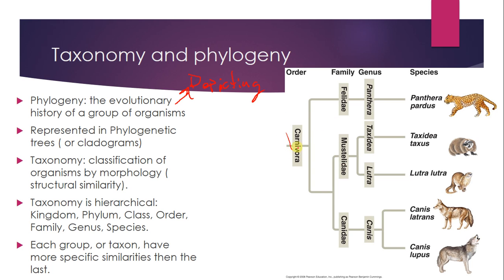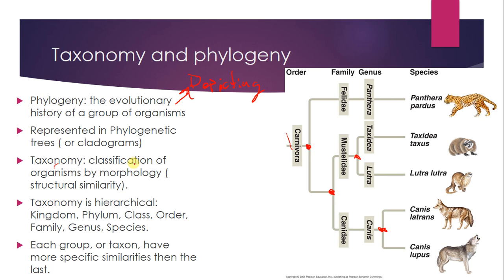So it's showing different organisms, and every node or bifurcation is a divergent evolutionary event. So here, a common ancestor of these two organisms, the badger and the otter, diverged into the two species that would become the badger and the otter.